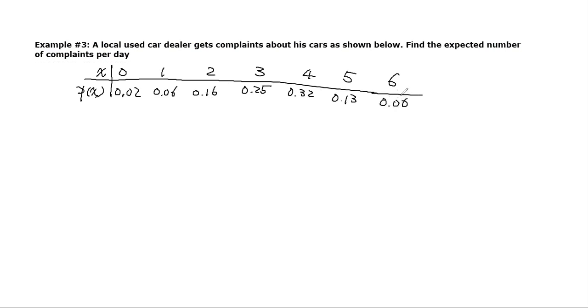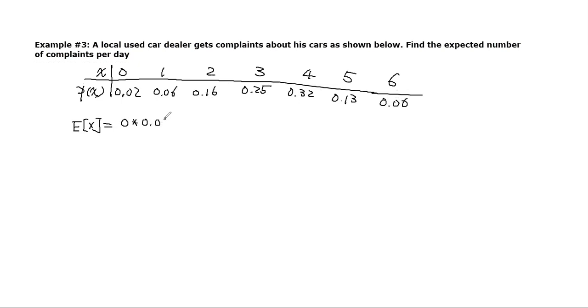So I want to find, for any given day, how many complaints he is going to expect. That means I'm looking for the expected value. Every time you seek the expected value, it's pretty easy. You just use the number times the probability.